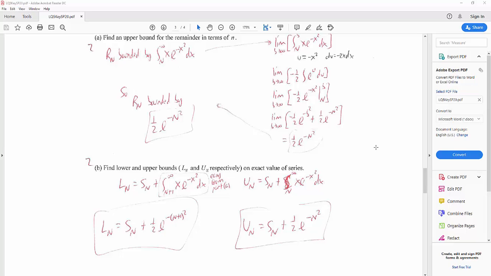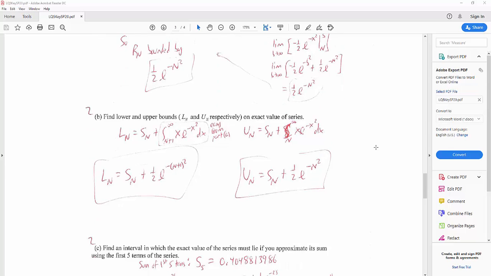Well, that improper integral is pretty easy for me to evaluate because I did a lot of the hard work in part A. The upper bound is S sub n plus the integral from n to infinity x e to the negative x squared dx. And I know the value of that improper integral thanks to part A.